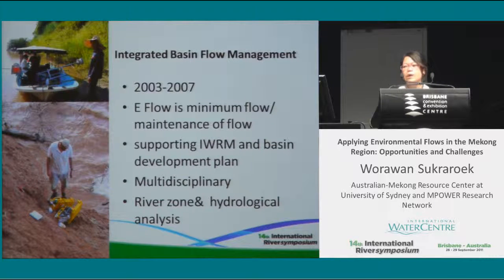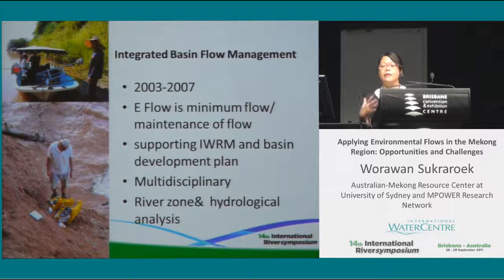So what did we do for e-flow in this project? We set up a multidisciplinary team, for example, hydrologists, economists, social scientists, and also modelers, to work together to provide a prediction of water resource development scenarios and the change to the river flow. So we had different water resource development scenarios, which are the irrigation trajectories and hydropower development of the Mekong in the time span of 15 to 50 years.